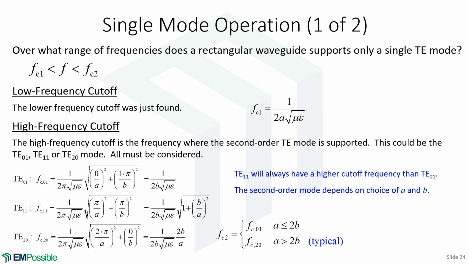If you've ever looked at pictures of rectangular waveguides, if you go and Google that, you will notice they are very rectangular. And so that is the usual case. And so the TE20 is almost always the next order mode that would pop into existence. But just remember, if A and B are a little closer, then it's actually the TE01 mode that would be the next.